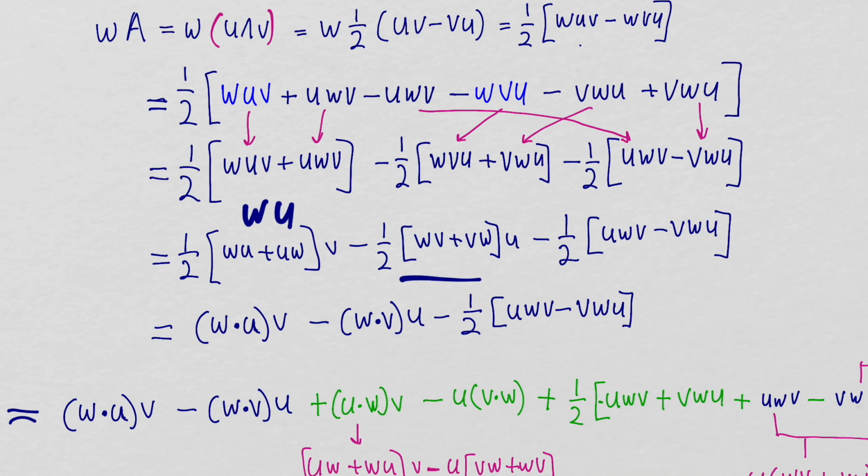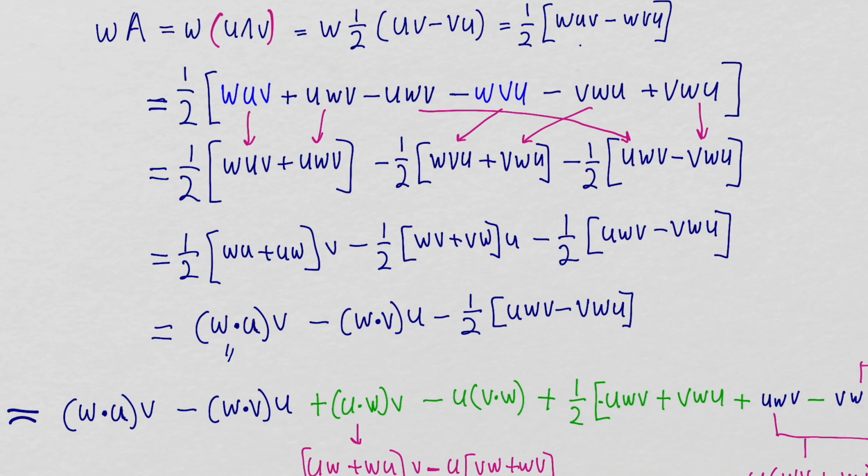And this is the symmetric part of the spacetime product of WV, right? So I know what those things are. Those are the Minkowski contraction of W and U, and this is the Minkowski contraction of W and V. So I replace it with these little dot products, which indicates that.